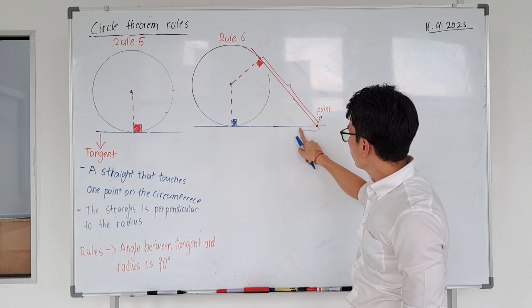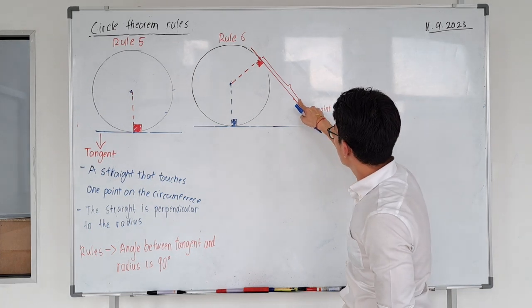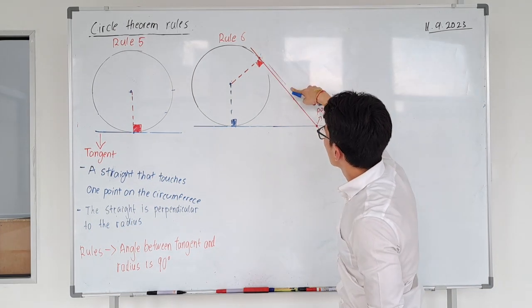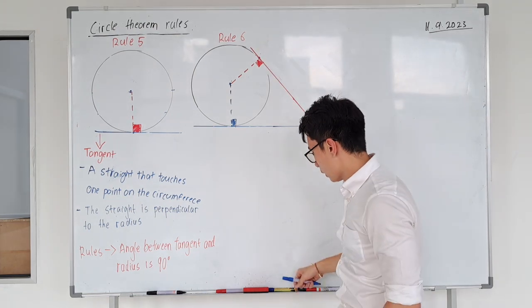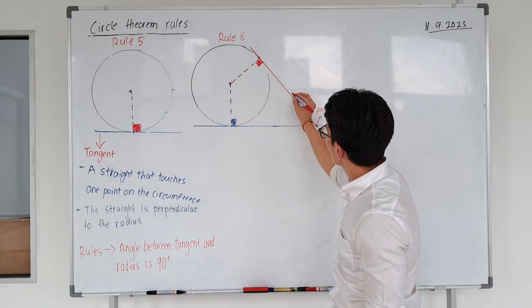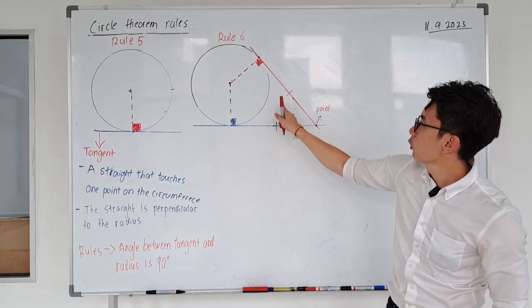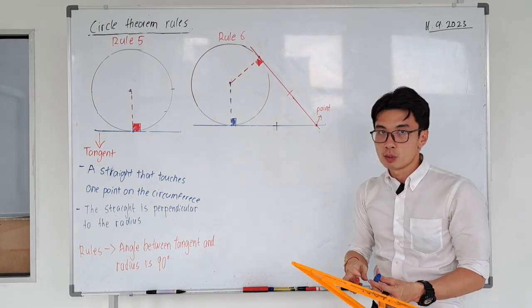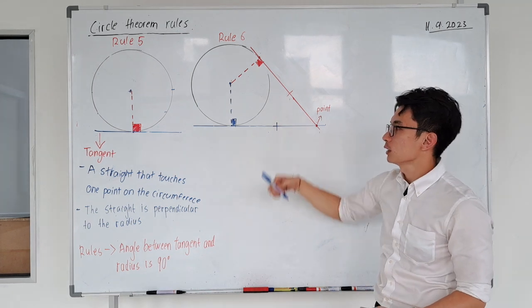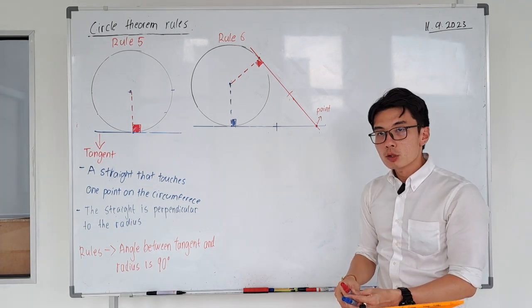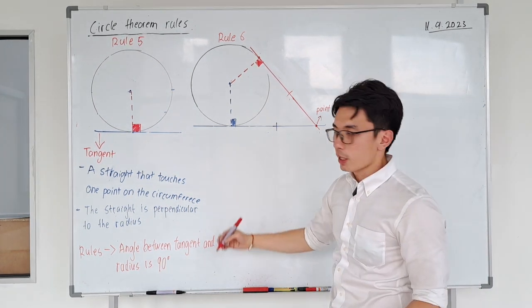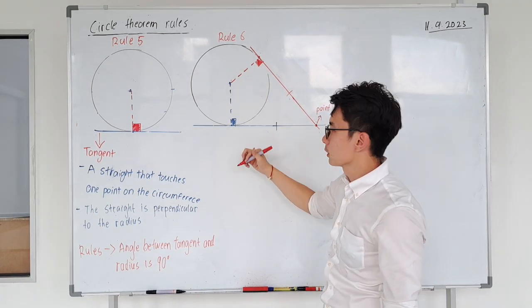Since they have the same length, we can improve our diagram by drawing some extra marks on this line and this line over here to indicate that they are the same length. So based on this, what is the rule I can write to represent rule number 6 here?